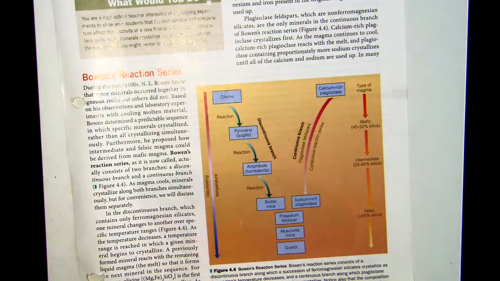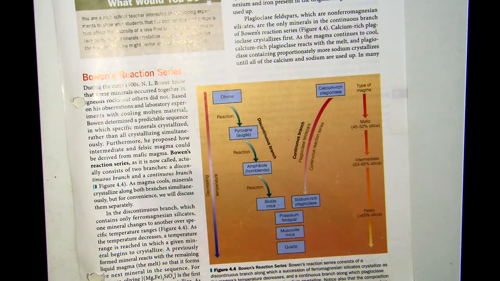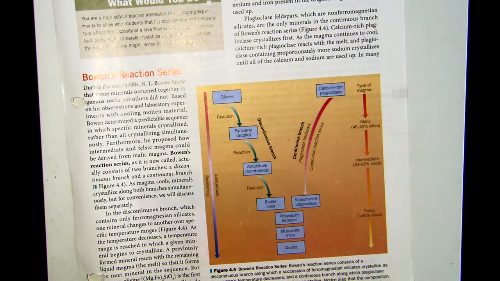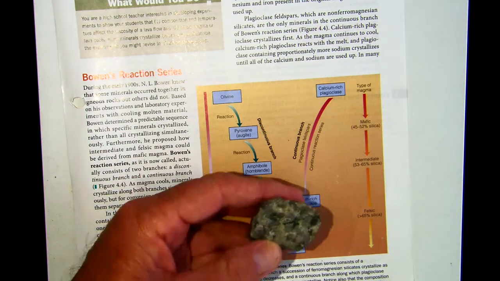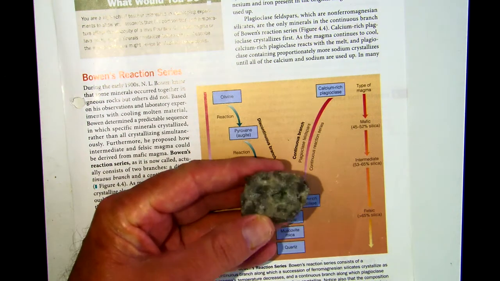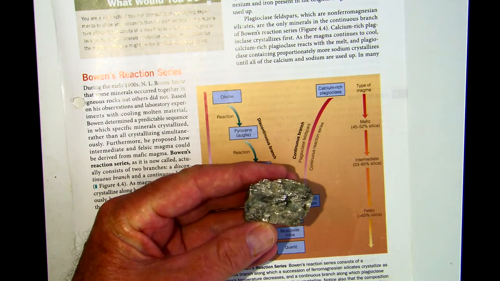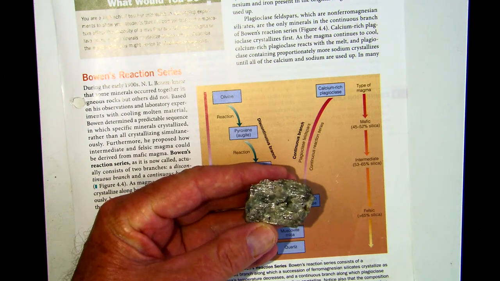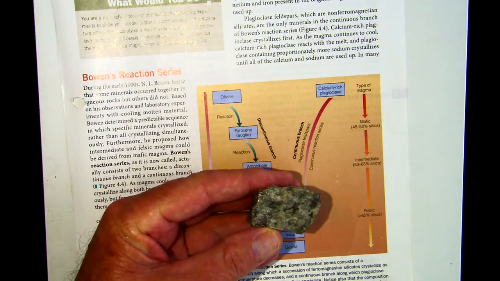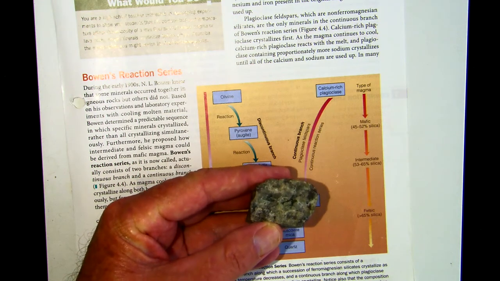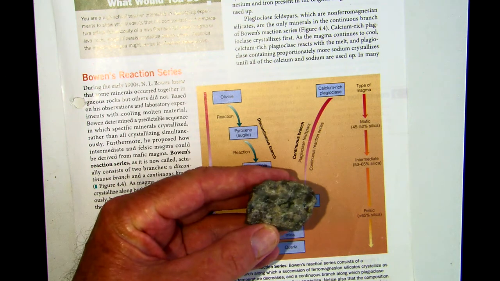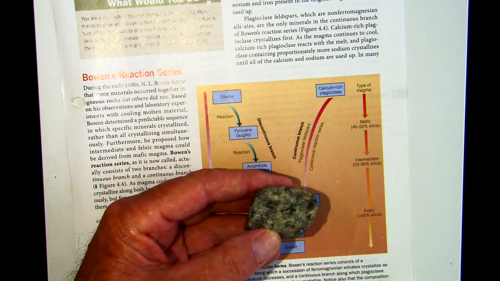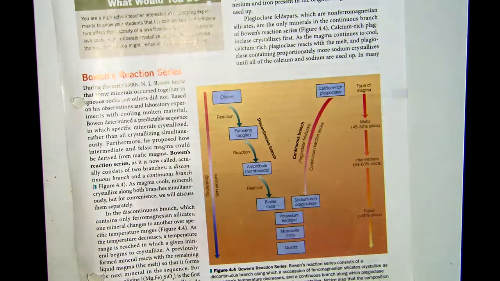On this side, we start off with our calcium-rich Plagioclase Feldspar, which is very dark. And you see these little lines here, these little striations? That is a dead giveaway for Plagioclase Feldspar. This is dark, it's rich in calcium.